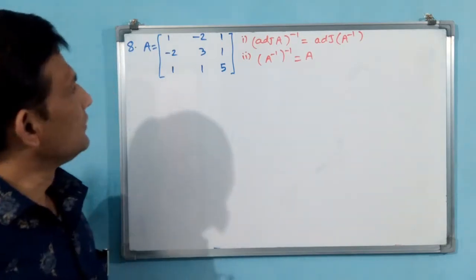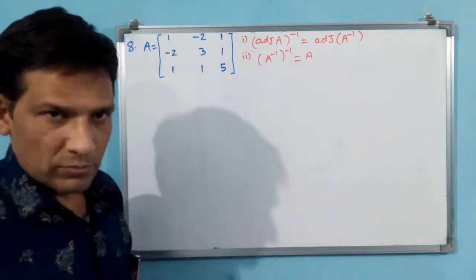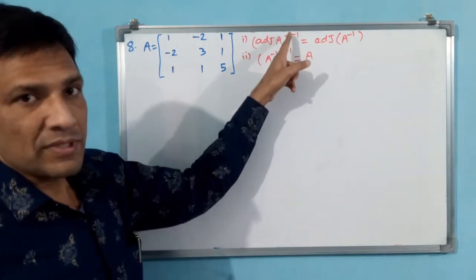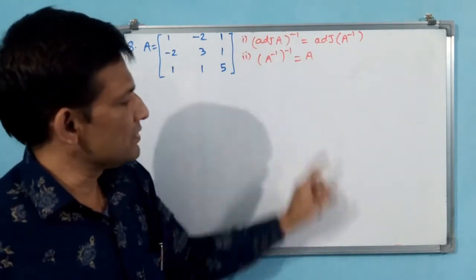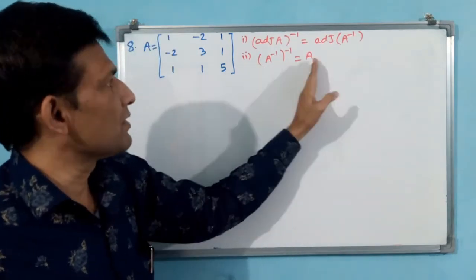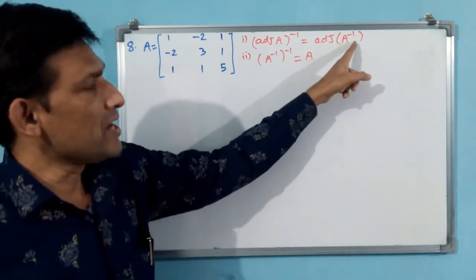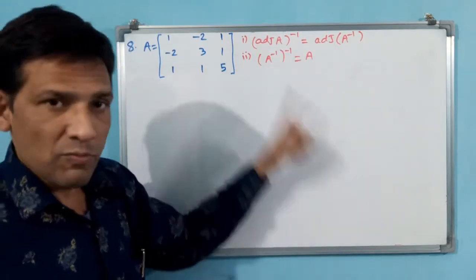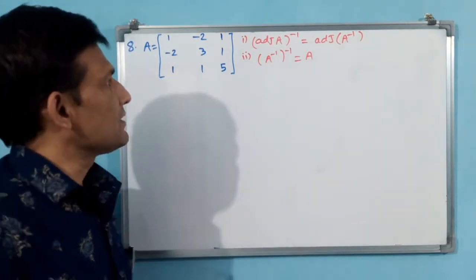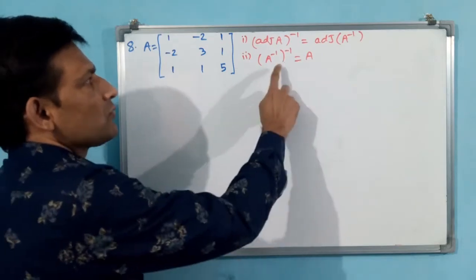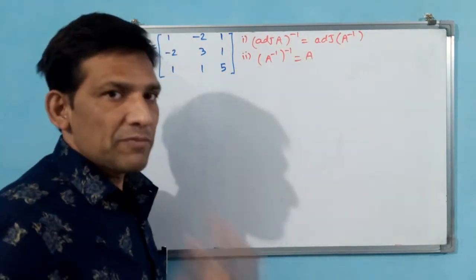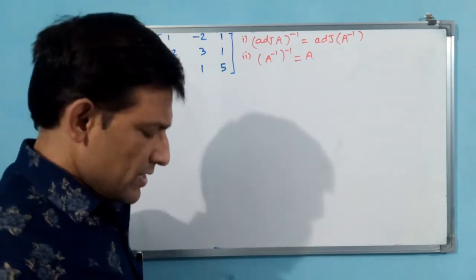Whatever adjoint A inverse comes, we will write both equations here. Again A inverse we will find, and after the adjoint of A inverse comes, we will show both. Again we will write here, because while doing the second one also A inverse is required. That is why all are required for us. Okay, let us do it.